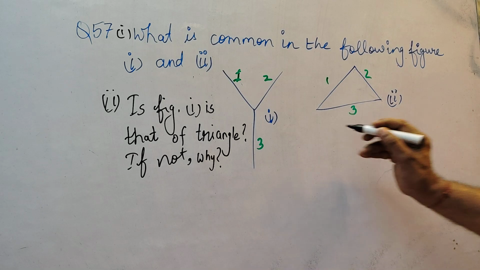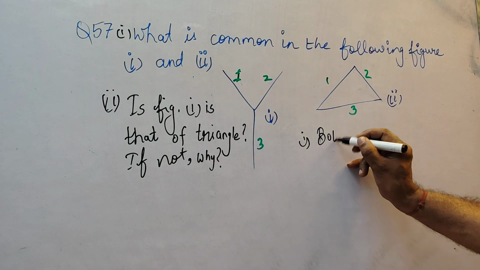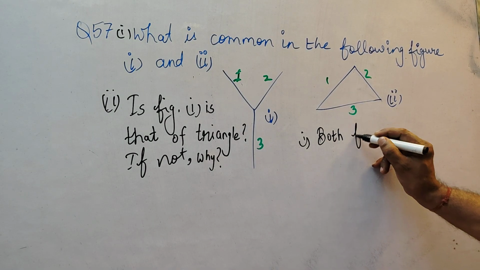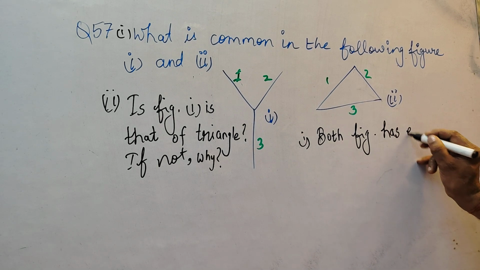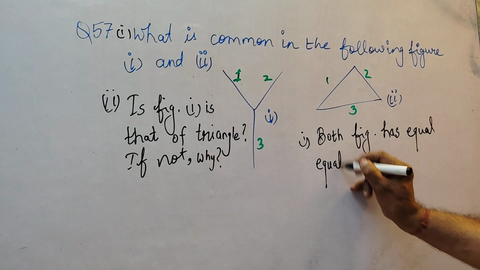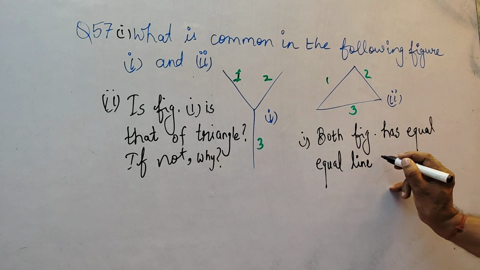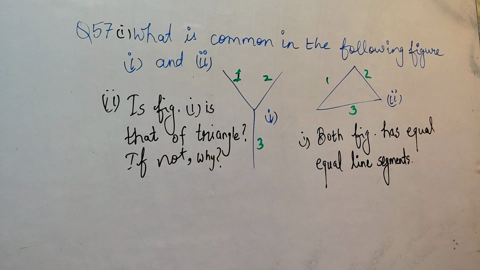So the first answer: both figures have equal line segments. This is the common, and here equal means 3. So both figures have three line segments.